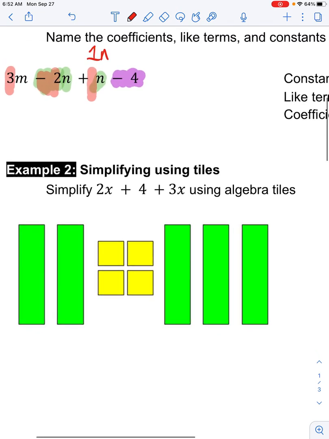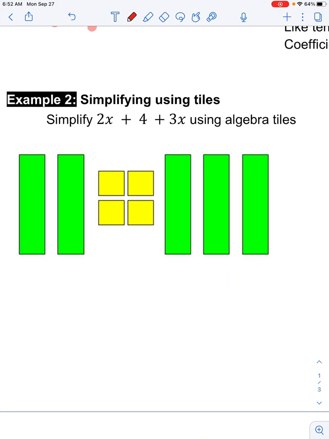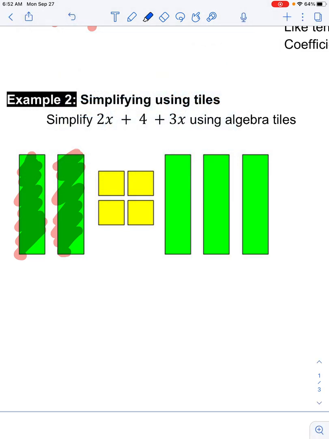So again, how does this kind of work? If we use Algebra Tiles, this is a PDF, I can't move them around, but we can kind of look at it and say, okay, I have 2x, so 1, 2. I've got 4, which is different, okay? These are different, so I might not be able to combine them.